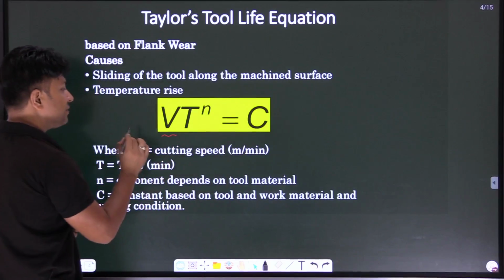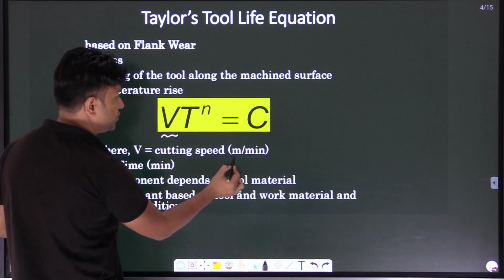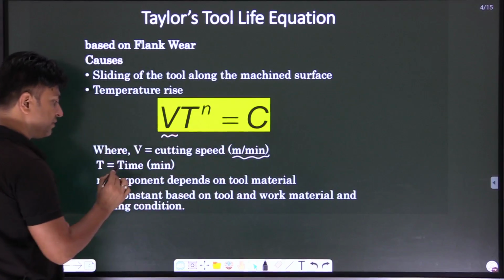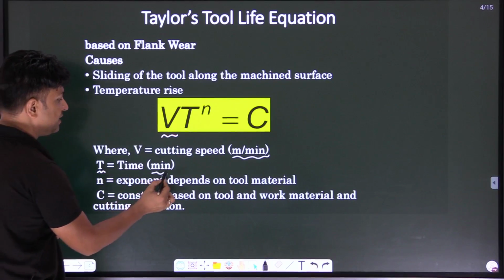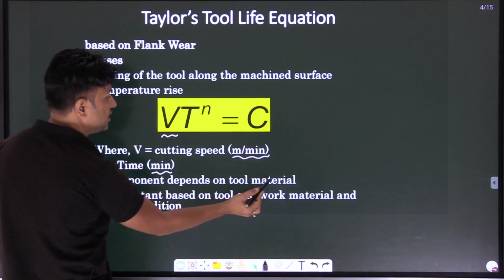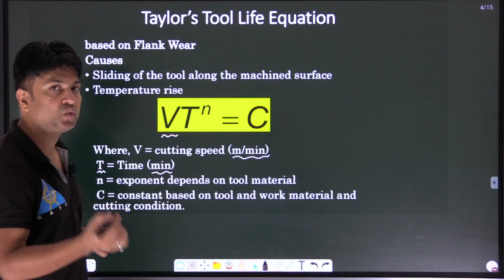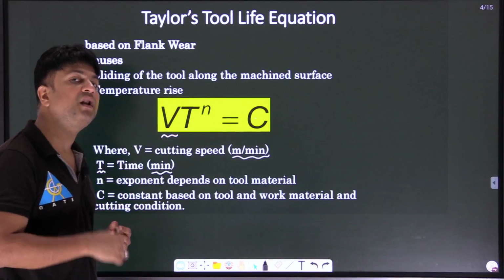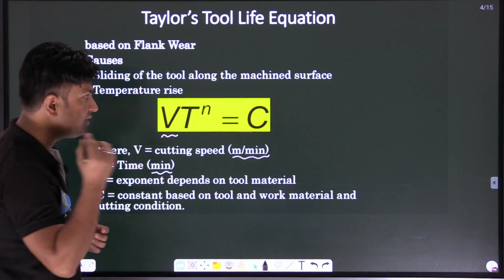One should remember carefully the units: cutting velocity should be in meter per minute. T is the tool life, which should be in minutes. N is the exponent, which depends on the tool material. And C is the constant, which depends on the tool material, workpiece material and machining condition.